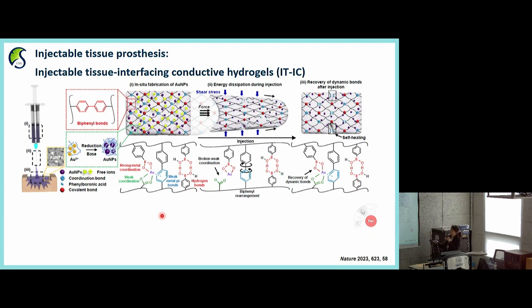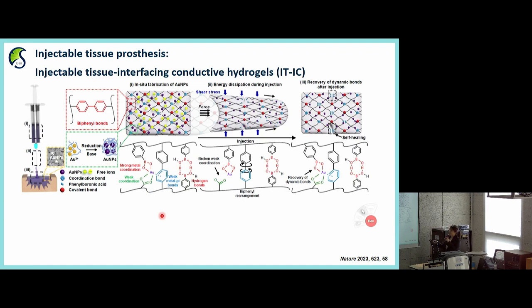For designing these injectable, tissue-interfacing, conductive hydrogels, we also use hyaluronic acid modified with phenylborate functional groups. These phenylborate functional groups are highly unique for the multiple cross-linking of the polymers.